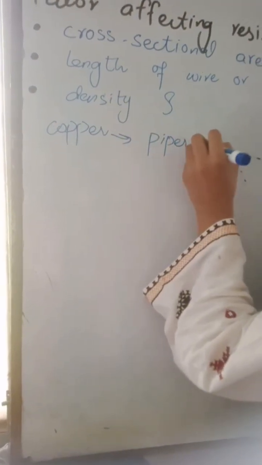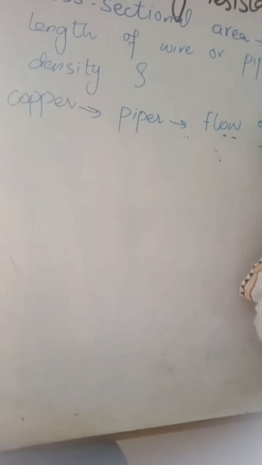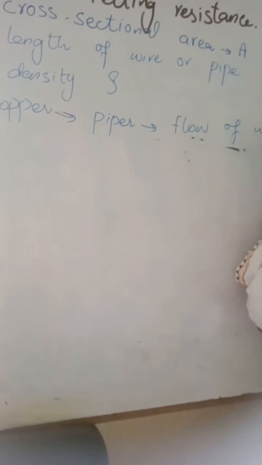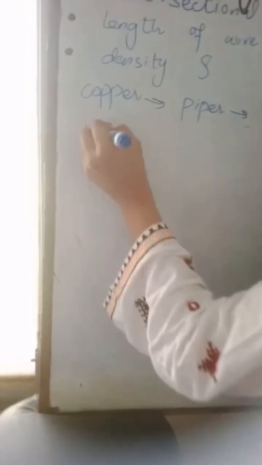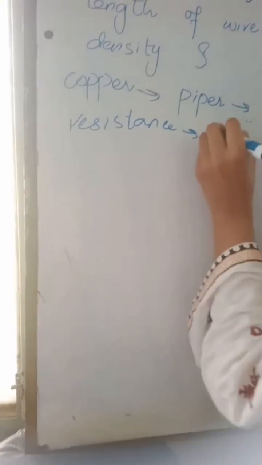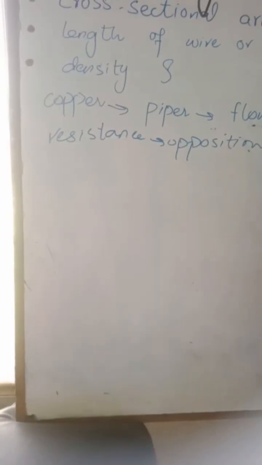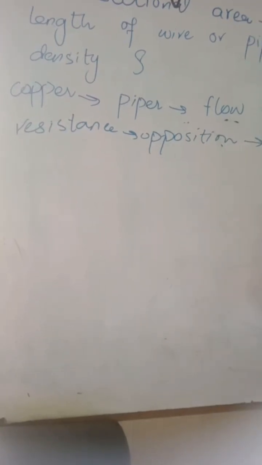Pipe, from which water flows. Basically, resistance means opposition that stunts the flow.